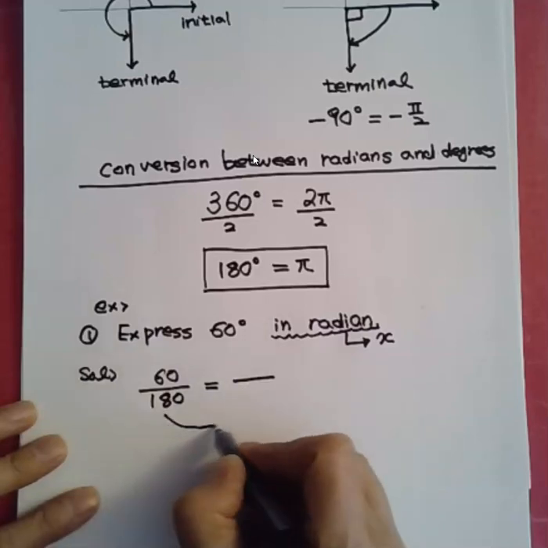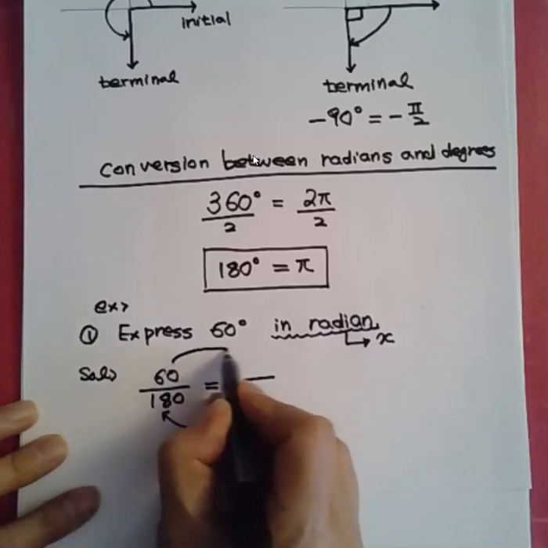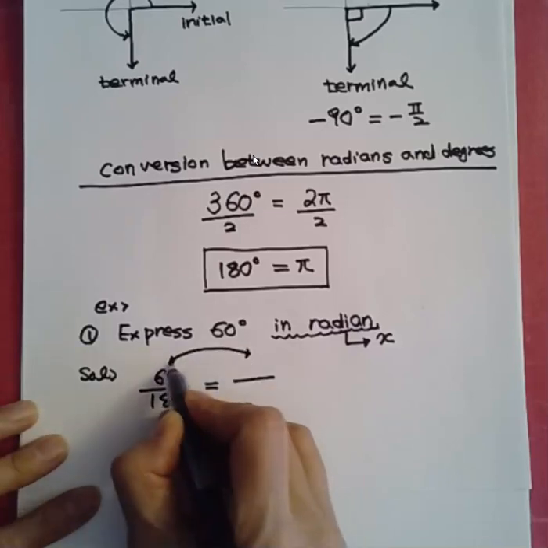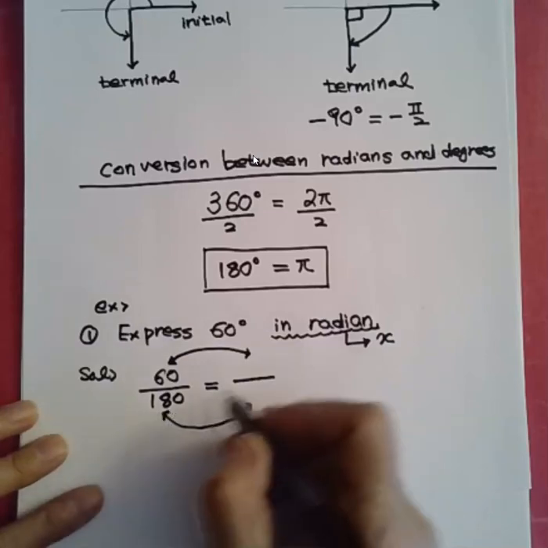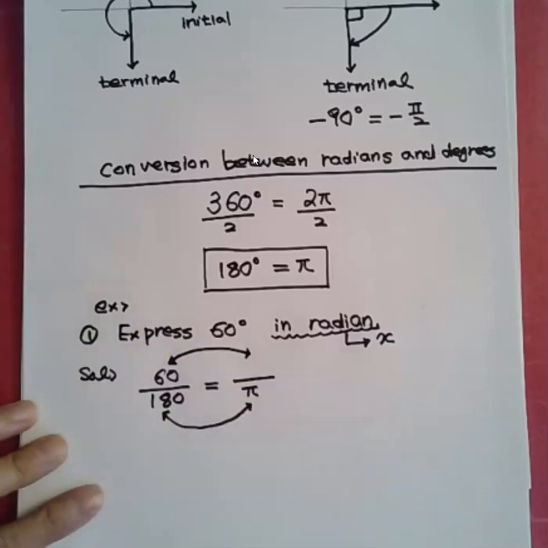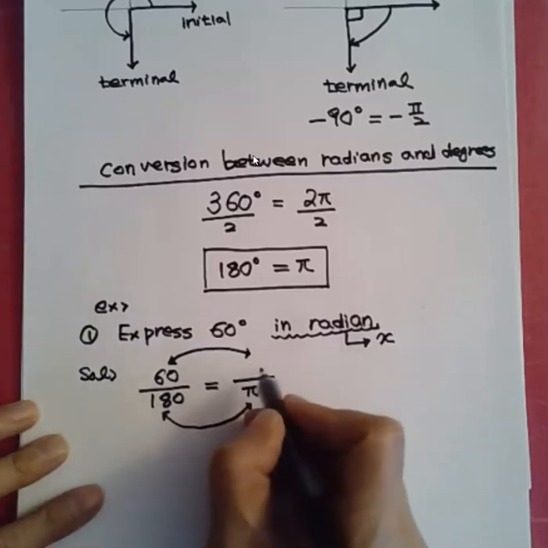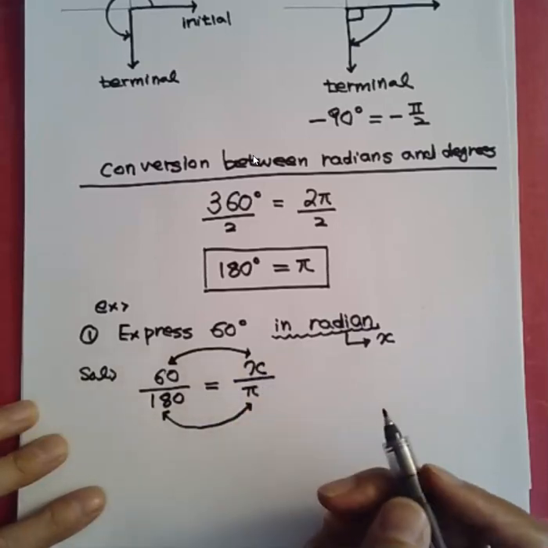What we want to do is we will write the radian mode in the same place. 180 corresponds to pi radian, and the unknown radian angle corresponds to 60 degree.